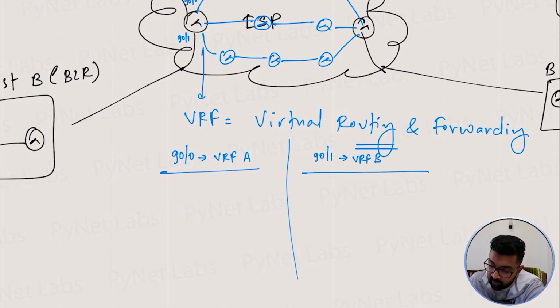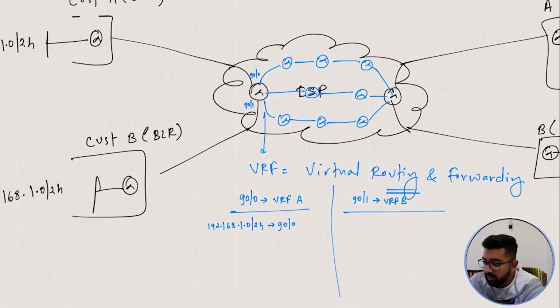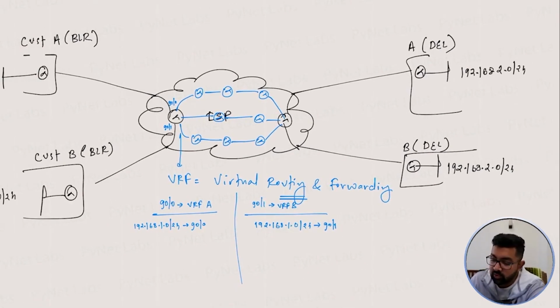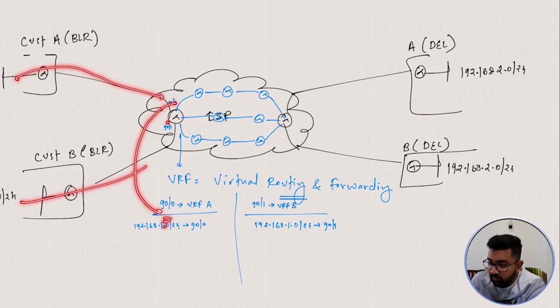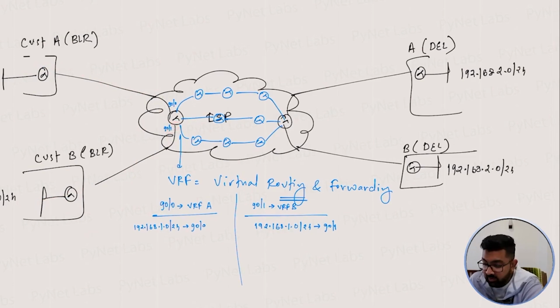For example, the route 192.168.1.0/24 is going to be stored in the routing table that belongs to VRF A. And similarly, 192.168.1.0/24 will also be stored in VRF B that comes from the other customer. So any route advertisement that happens on this link will directly sit in the VRF A routing table. Any route advertisement that happens over this link will directly sit in the other routing table. This way, your single router can maintain network segmentation for different customers.